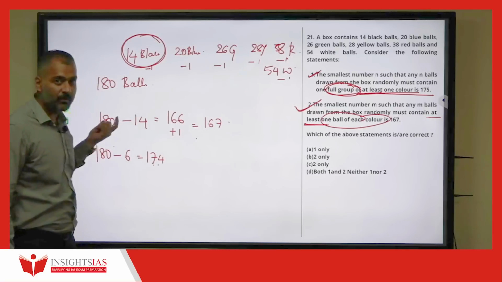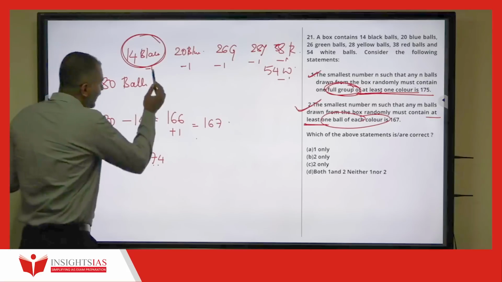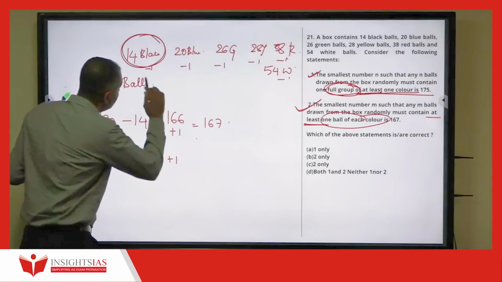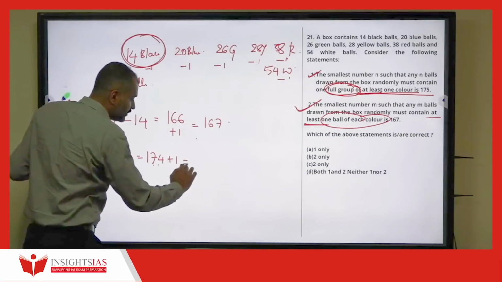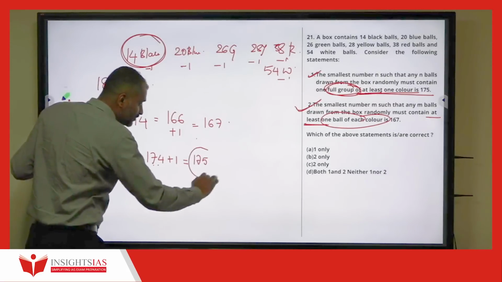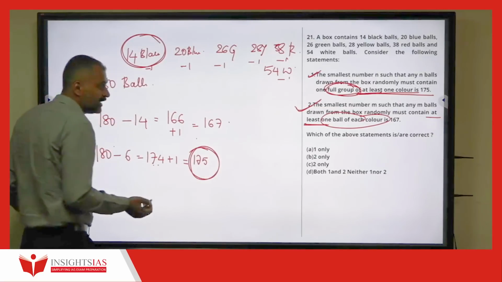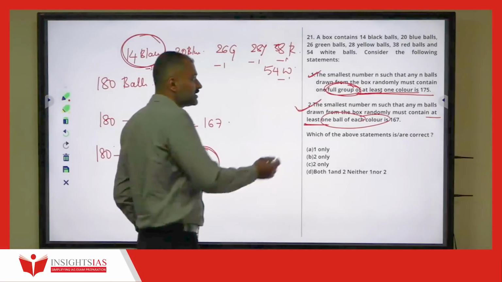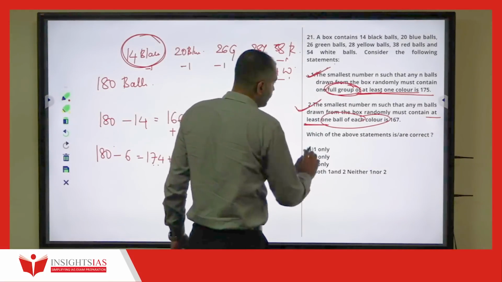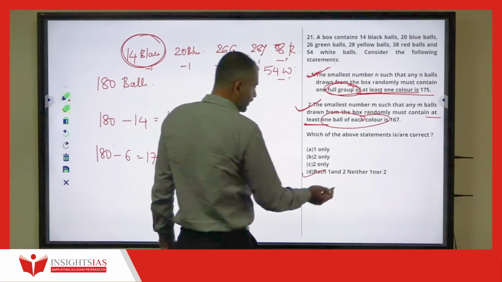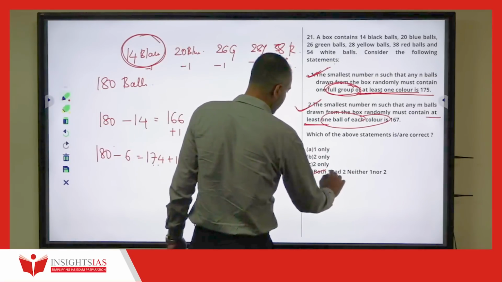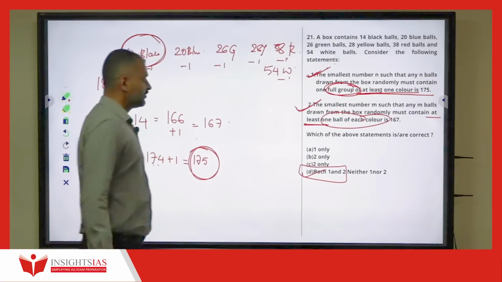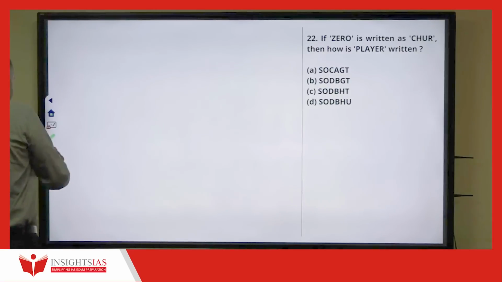Now I am putting one more, any one you put, either black or blue, anything. So this becomes 175. In this, one of the colors we are having completely as a group, right? Hence this also is true. So it is both 1 and 2. See that option. This was a pretty easy, direct one.